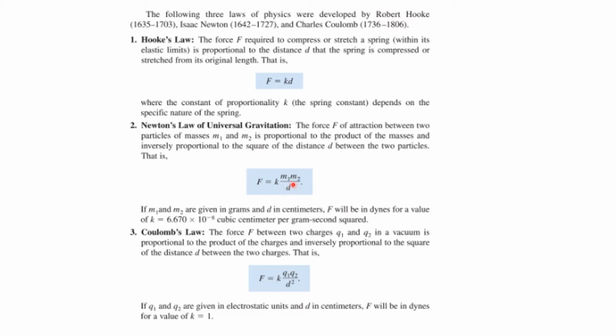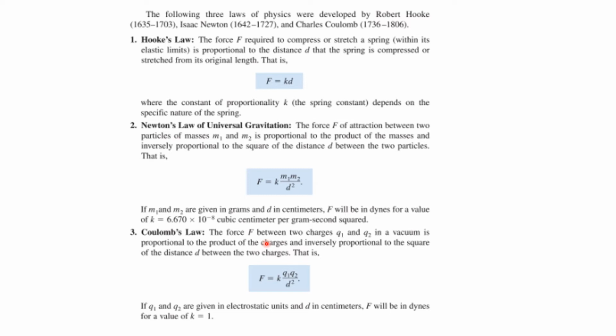Here the variable is not the masses, but the distance between the centers of mass of the two masses. So this is an important law, and again d is the variable.